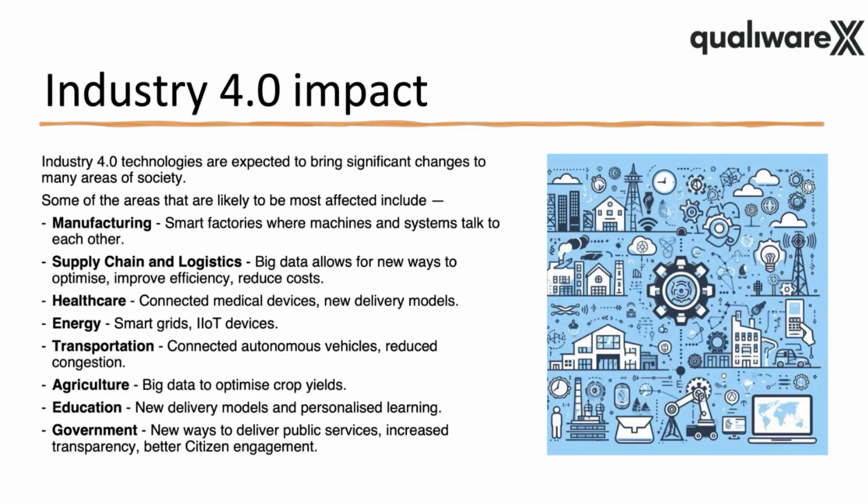Some of the impacts that we're going to see are, well, we have all our factories, right? So in manufacturing, suddenly we have all the machinery and equipment in the factory talking to each other. It's going to optimize production. It's going to make maintenance a completely new deal as well. So there are some massive impacts on the different types of manufacturing we see.